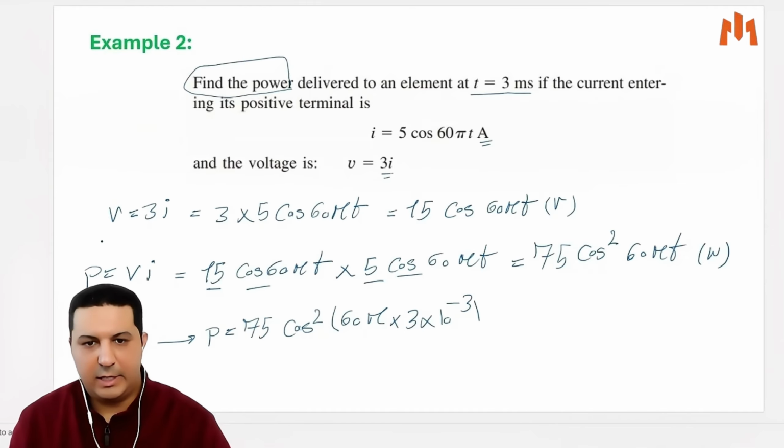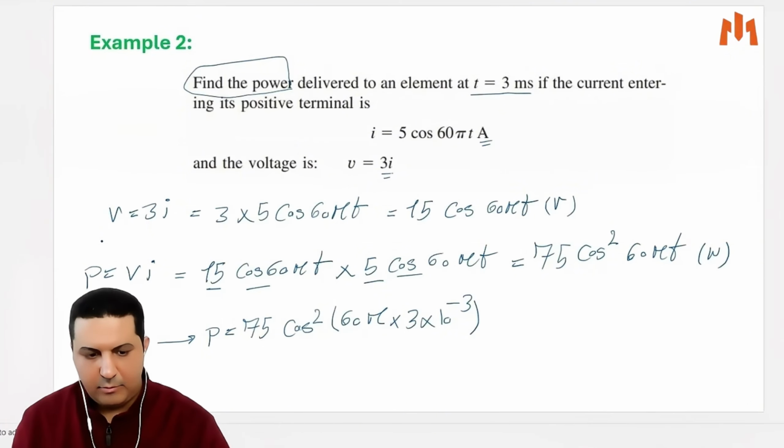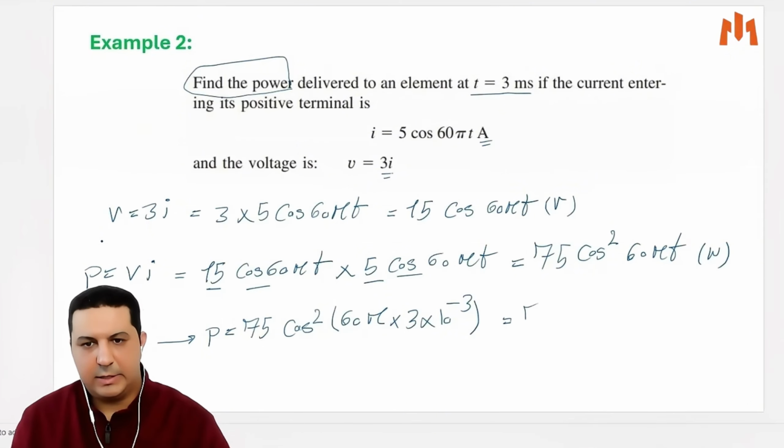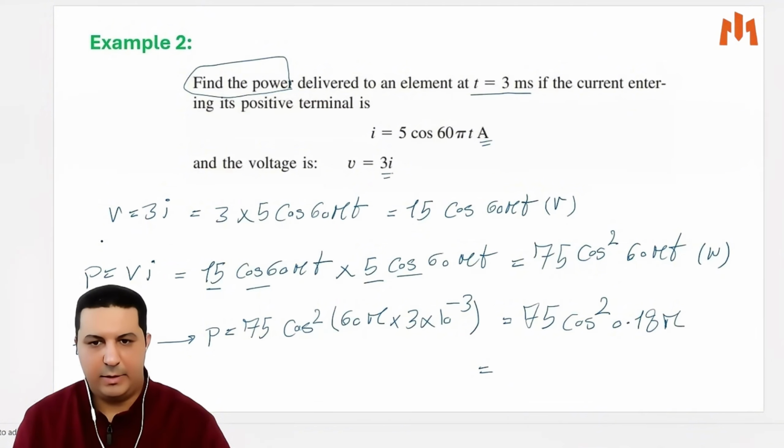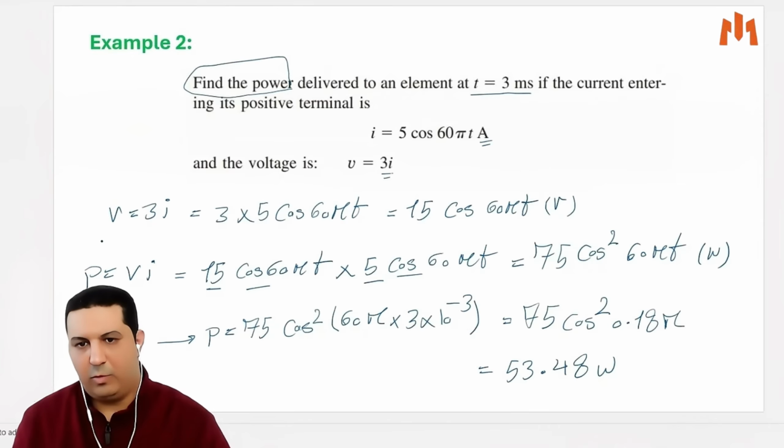When we calculate it, this is 75 cosine squared of 0.18 pi. Finally, if you calculate it using the calculator, you can see this is 53.48 watts.